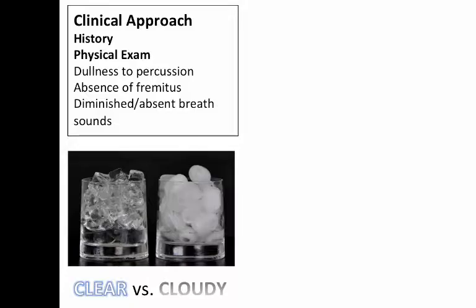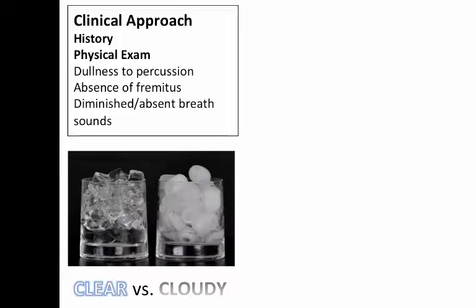You ask them questions about their pulmonary history, any underlying pathology they might have in their lungs, or any systemic illnesses that could give you an idea of what's going on with that patient. The second thing is physical exam. There are three things that we look at: dullness to percussion, absence of fremitus, and diminished or absent breath sounds on one or both sides. One way that I like to use very visual illustrations is clear versus cloudy.